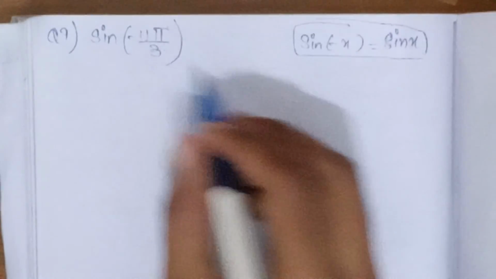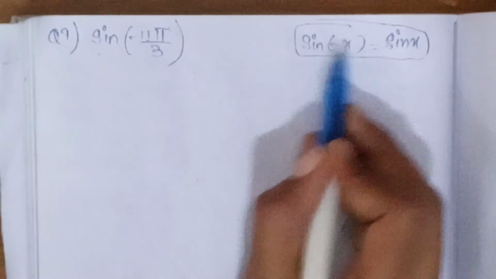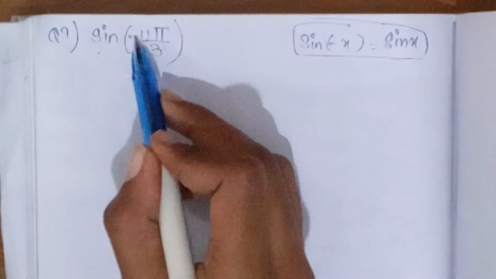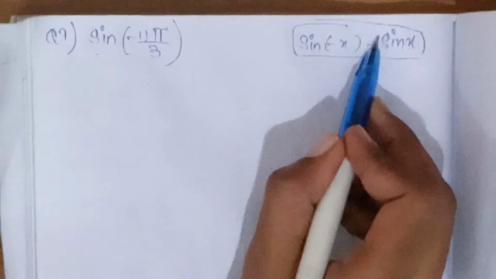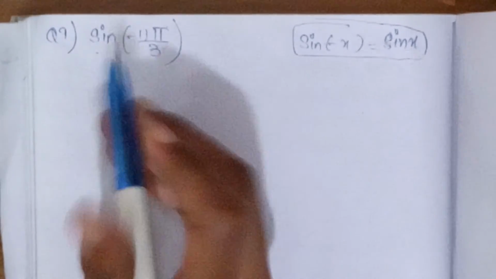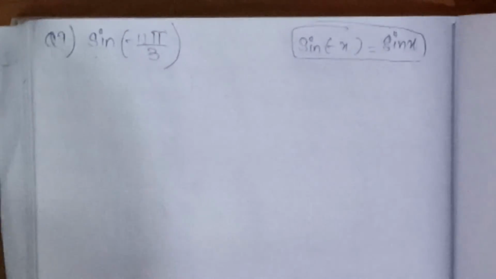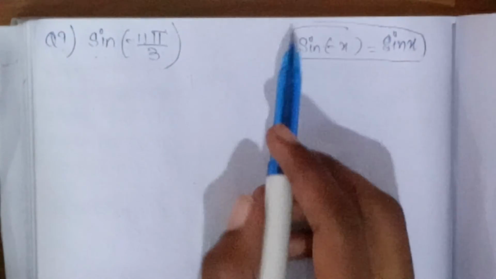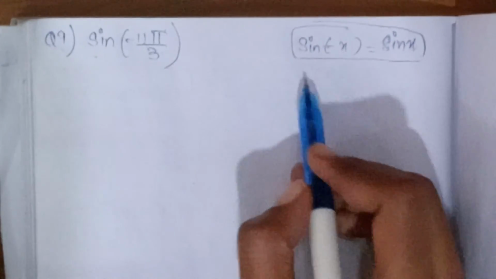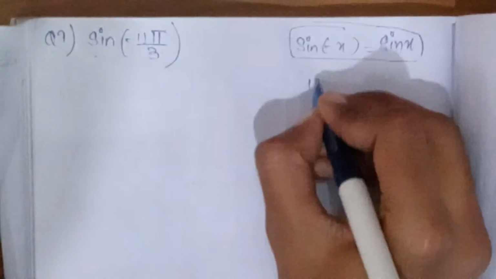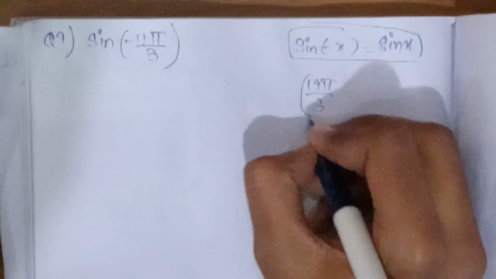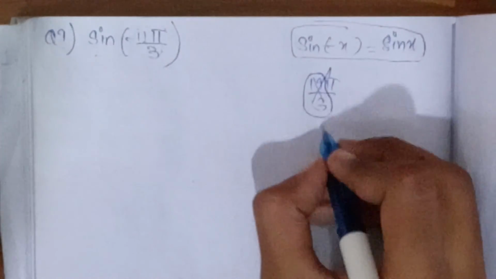What it means is that whenever you get sine of minus x, the total is x. So when you get minus, the total becomes positive. It won't come as minus. In the previous question, the eighth question, 19 pi by 3 was there, so we divided 19 by 3. In the same way we are going to divide 11 by 3.